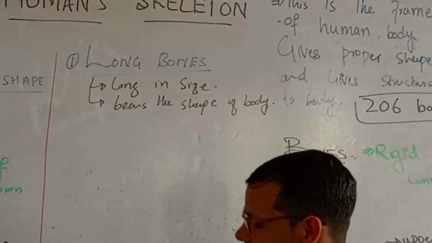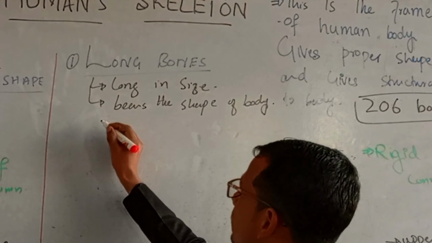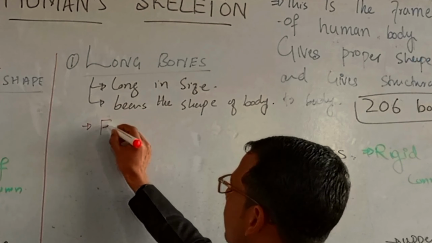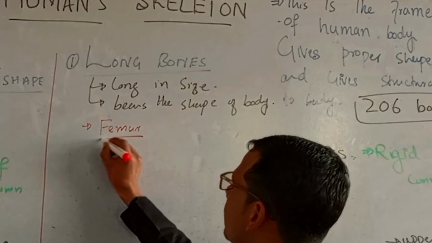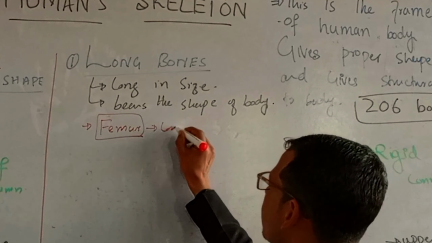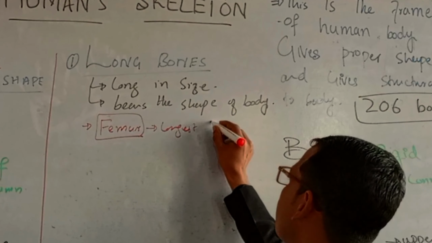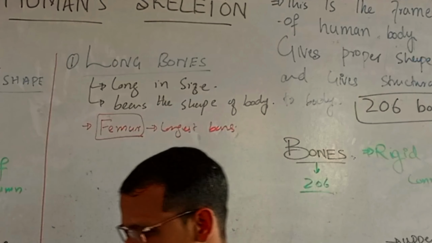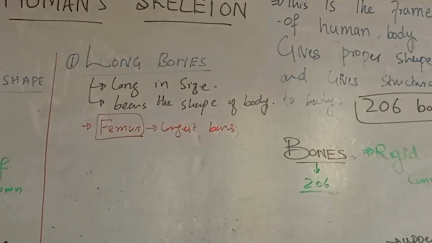For example, femur. Femur is the longest bone in the body, and it bears almost all the weight of the body.